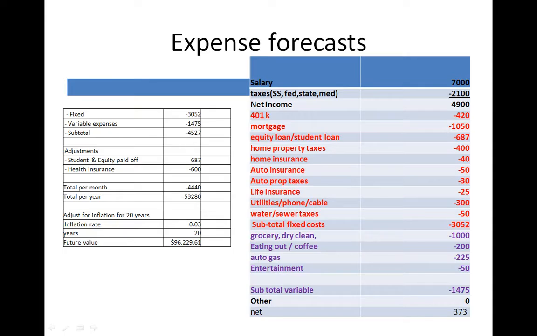Okay. Now that's today, in today's dollars, that means that's the buying power today. If I account for the inflation and everything is going to cost 3% more in 20 years, this would be equal to $96,229. Why? Because of the inflation.